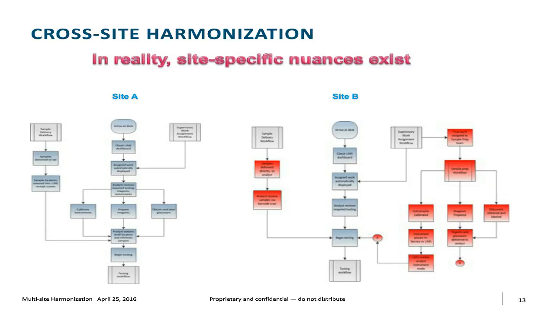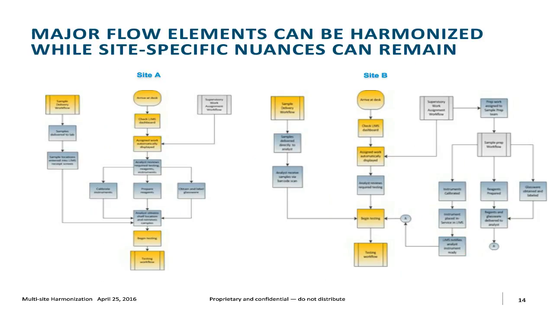To the extent that we can identify those functions that can be consolidated across sites, those are the opportunities to do actual normalization of the processes. So in this case, the yellow boxes are those things that we're just going to have to live with. In the previous box, we saw those areas that were in red.